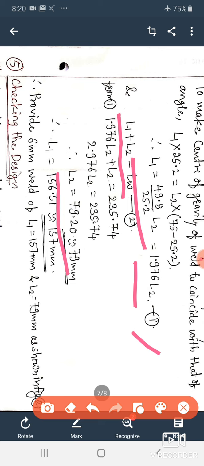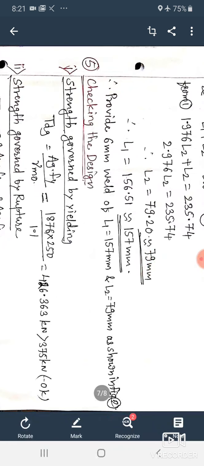One you reduce to the lower side, one you increase to the higher side. So 79.2 I'll mention as 79 and 156.51 as 157. Therefore, provide 6 mm weld of L1 equals 157 and L2 equals 79 as shown in figure.